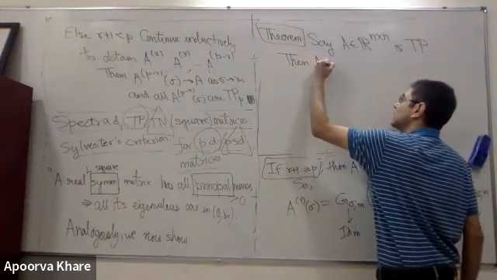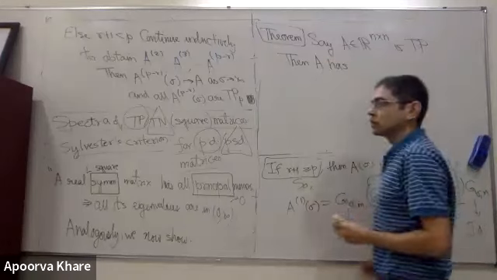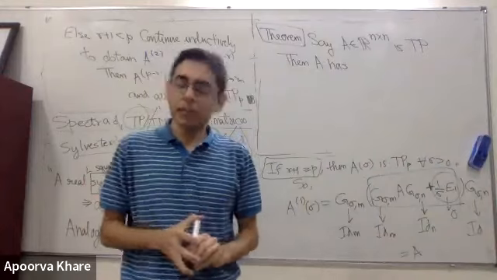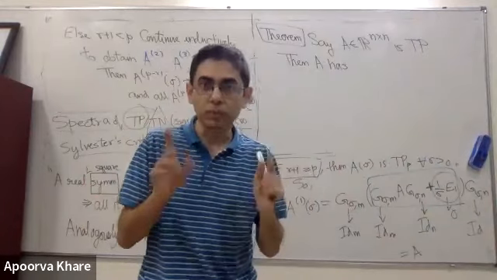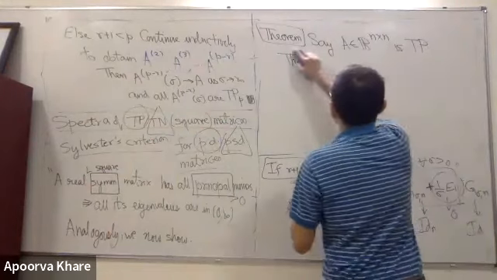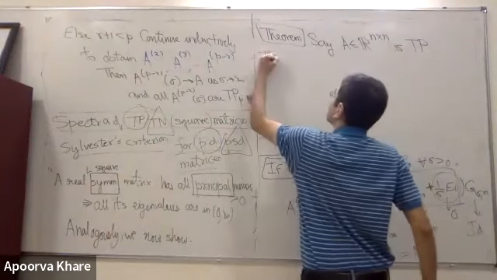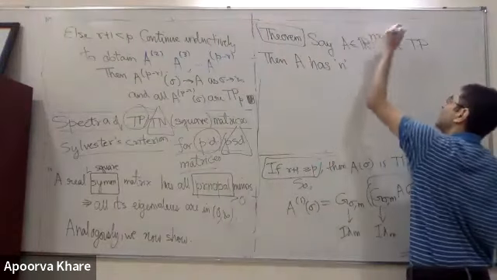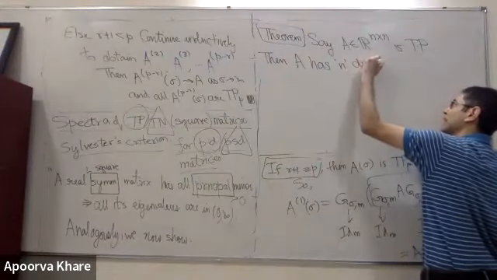Then A has, so it's even stronger than just saying that the eigenvalues are positive. It has positive eigenvalues and there are no repeated ones. Then A has n, the same n, distinct positive eigenvalues.